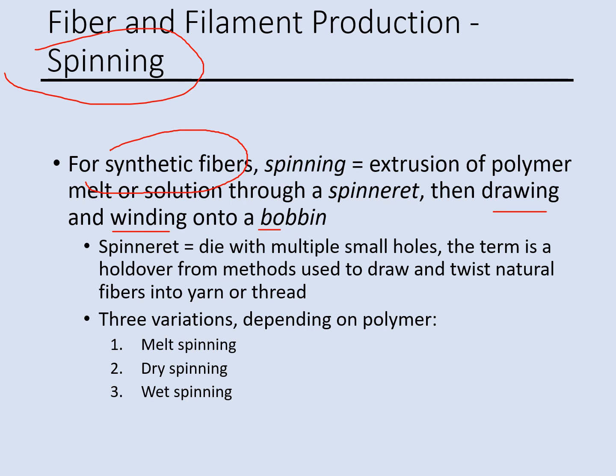A spinneret actually is a die with multiple small holes. In the next slide, I have a picture that shows the spinning process. We have three variations depending on the type of polymer. One is melt spinning, one is dry spinning, and the last one is wet spinning.